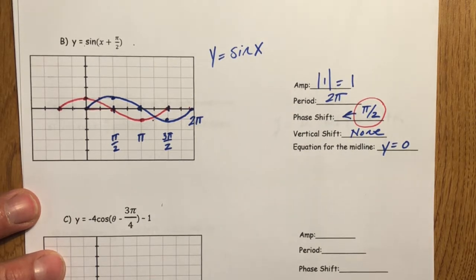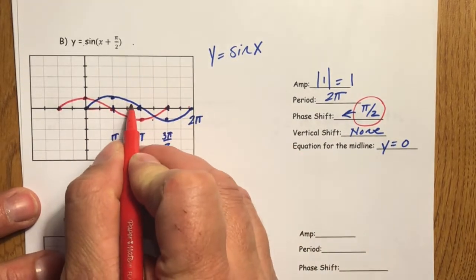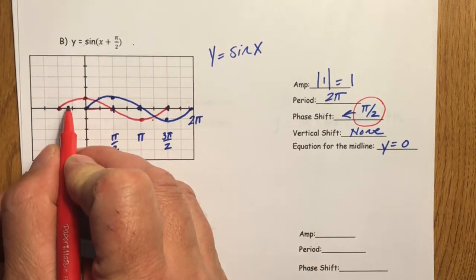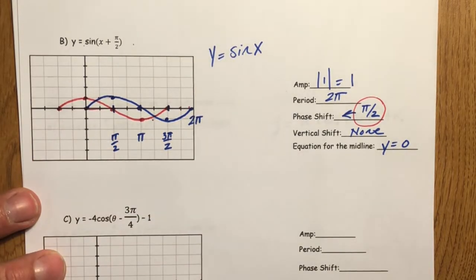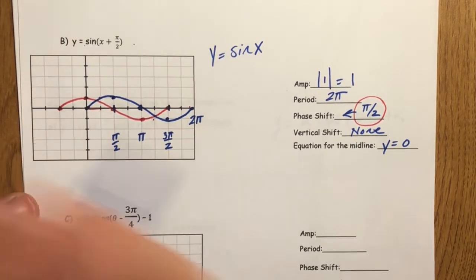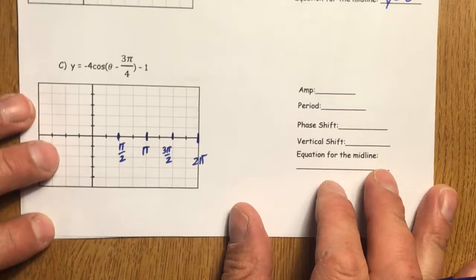And there you go. So you can see I took the blue one and shifted it over to the red one. There's my phase shift. All right, fantastic. So let's do the next one here, guys. Let's go to example C.